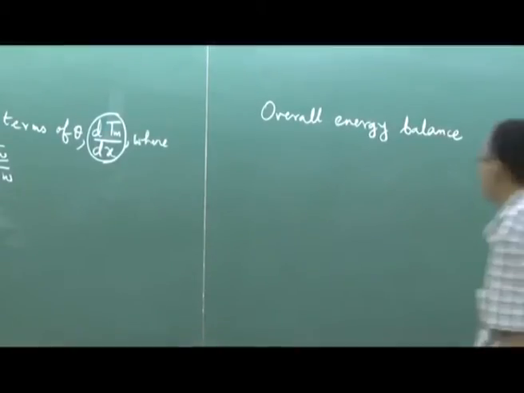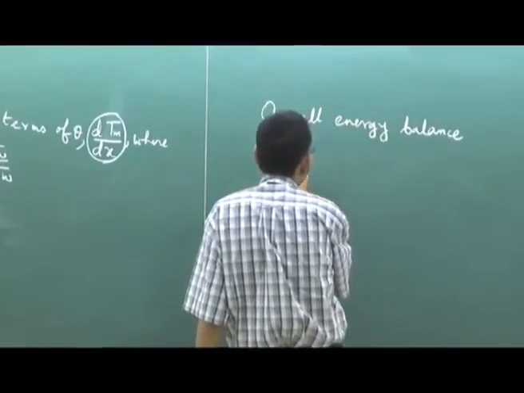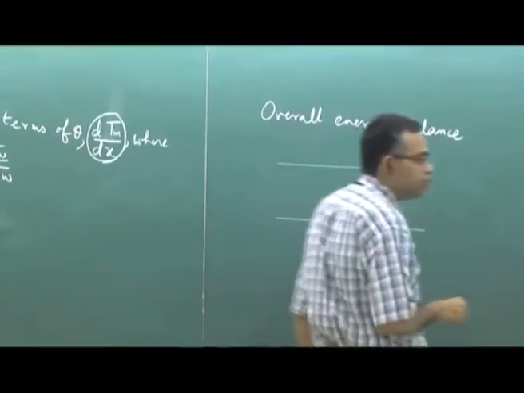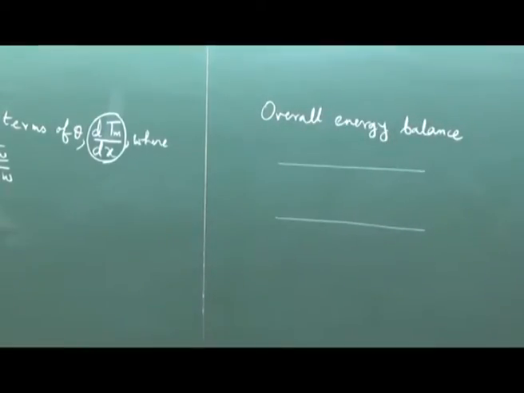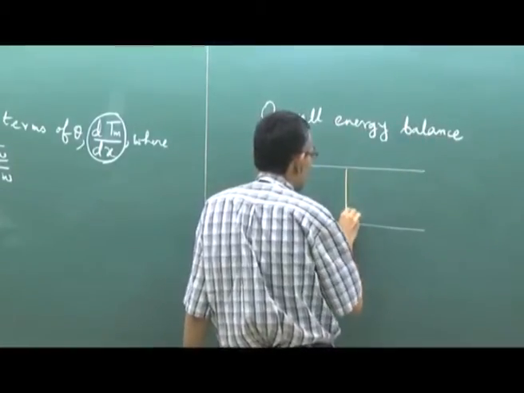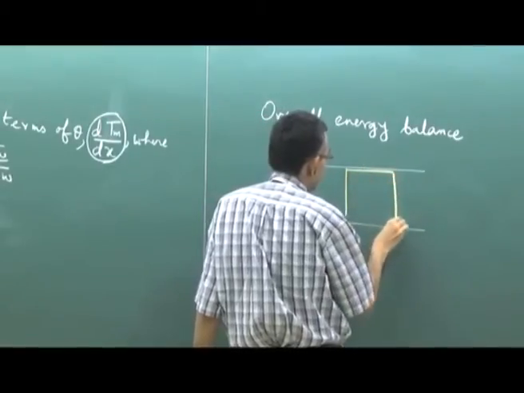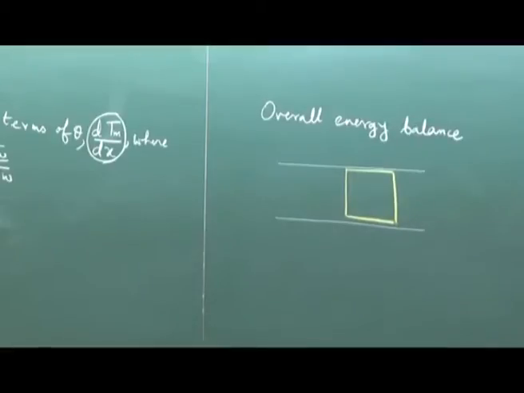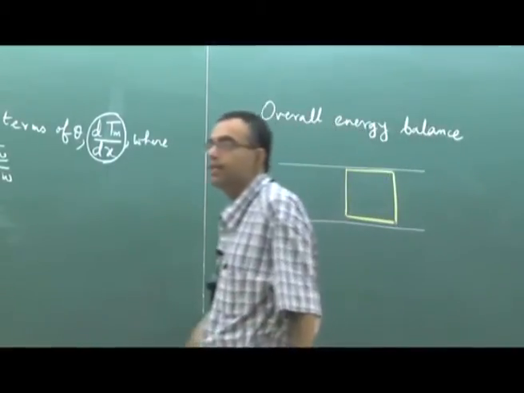Let us say that this is the channel and we take a control volume like this. Across this control volume we are going to write an energy balance.